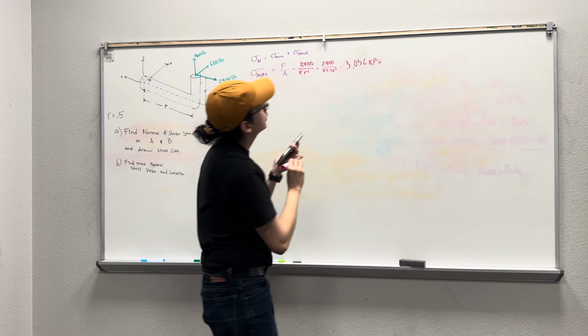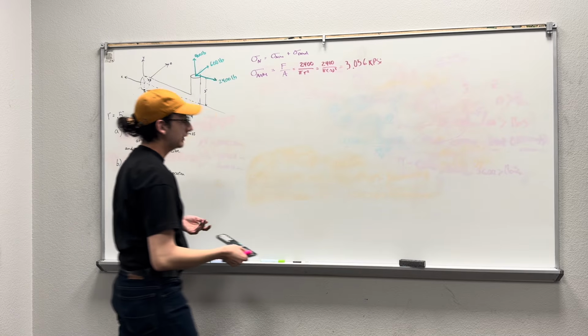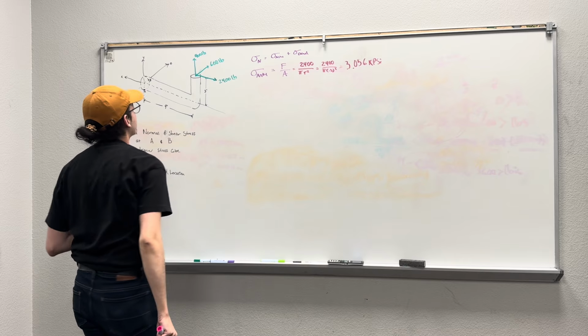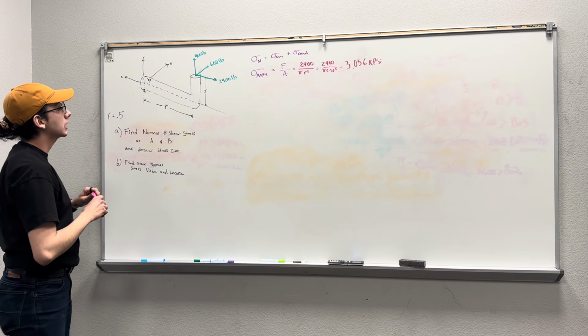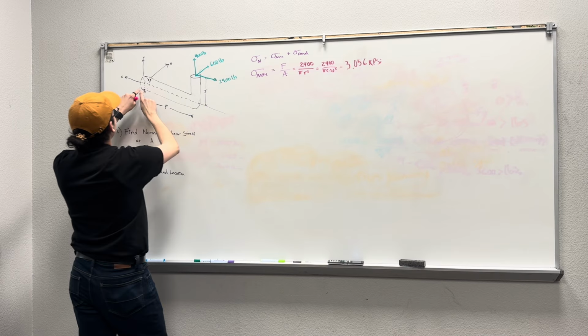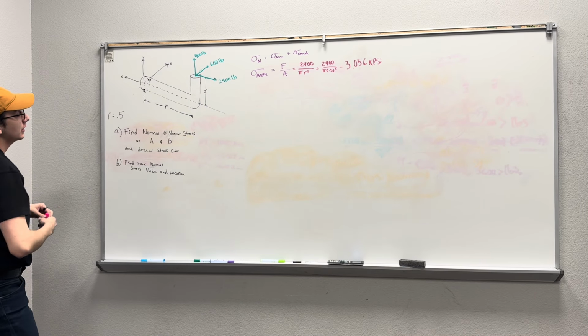I'm changing everything to kilopounds per square inch just for simplification of numbers. They tend to get a little bit bigger, especially when you have something like 2400 in one of them. Cool. So now I have that locked in. This axial stress is going to be the same for both point A and B because they're in that same cross section, same face shape, and it is distributed equally throughout.